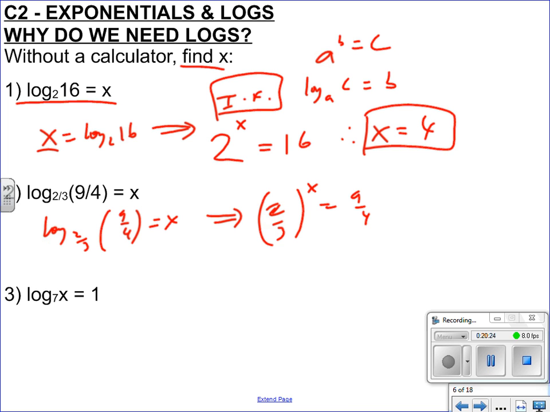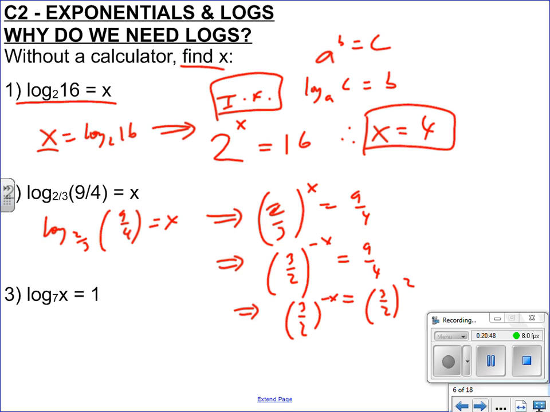Looks a bit nasty, but actually, can you see that if I put this as 3/2, so 2/3 is the same as 3/2 to the minus 1, so therefore you'd have it to the minus x as your power, right? And 9/4 is the same as 3/2 squared. So 3/2 to the minus x. So can you see that minus x must be 2, so x must be minus 2.